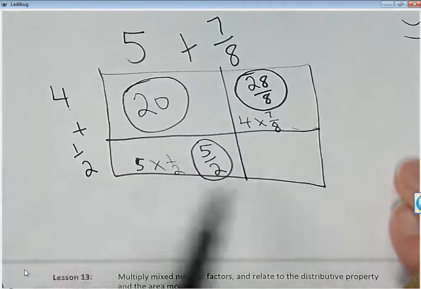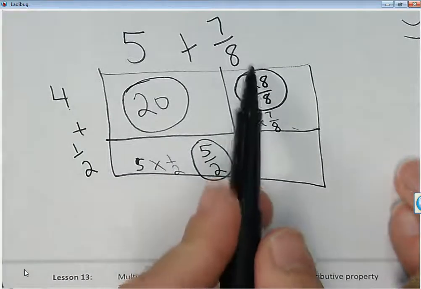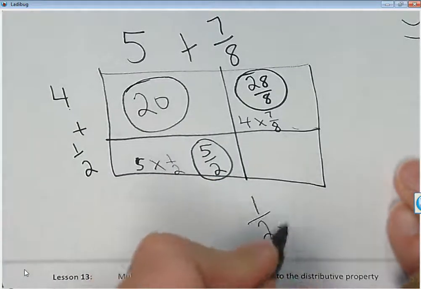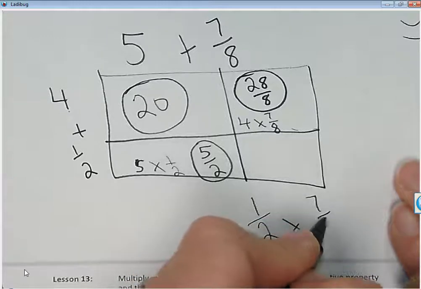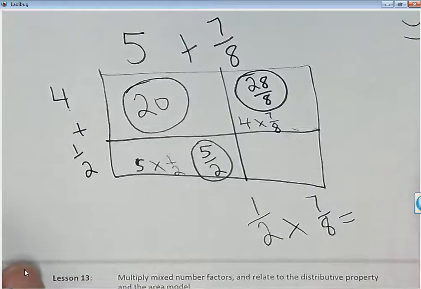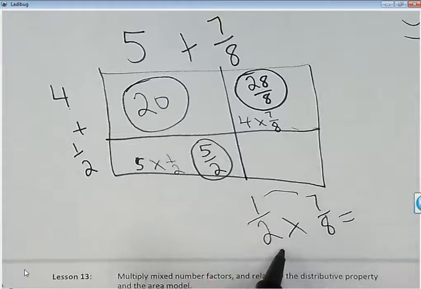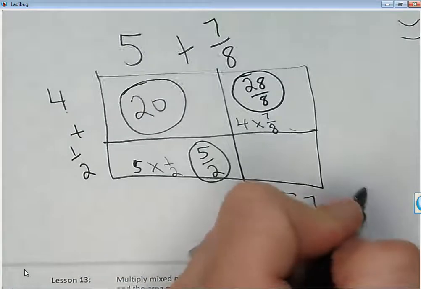And then this last one should be 1/2 times 7/8. That'd be 7/16.